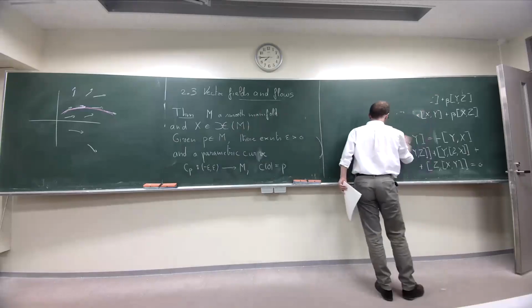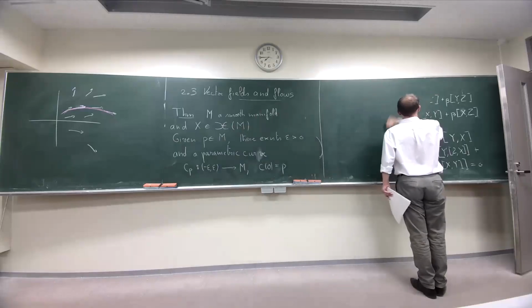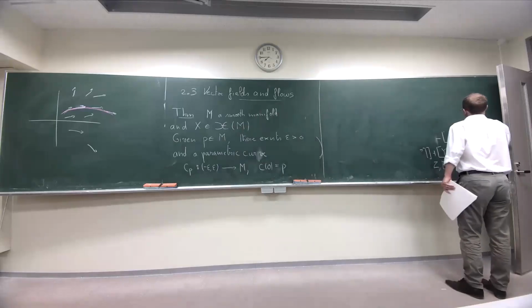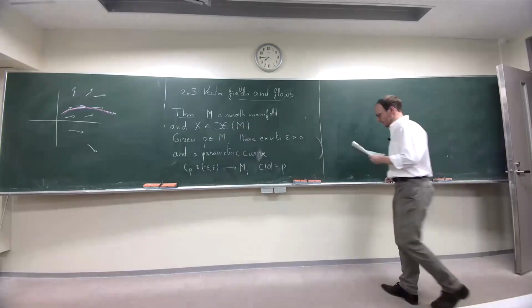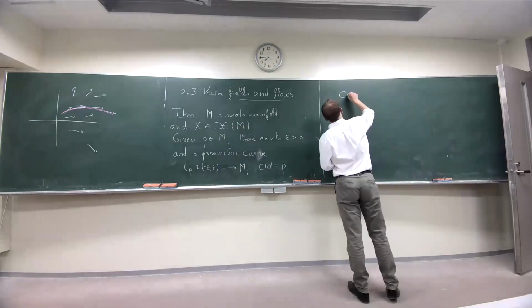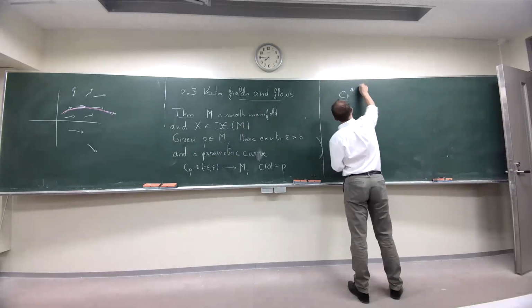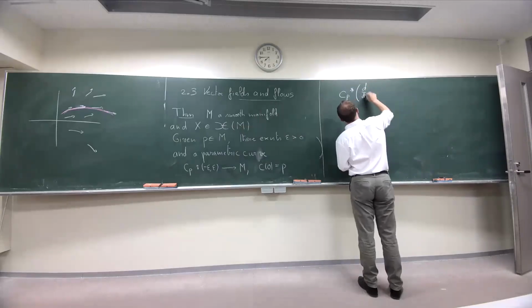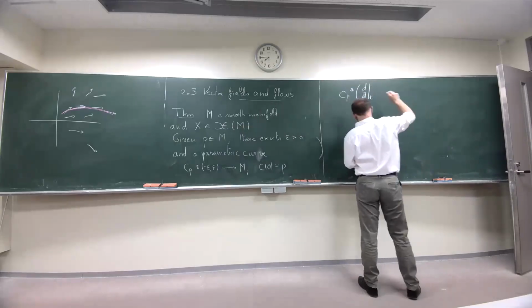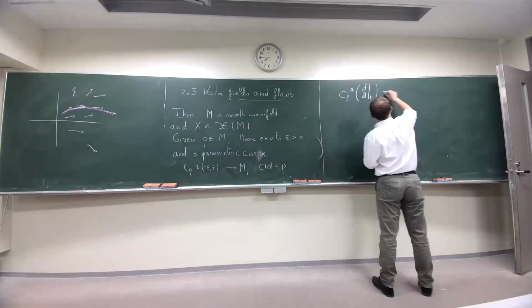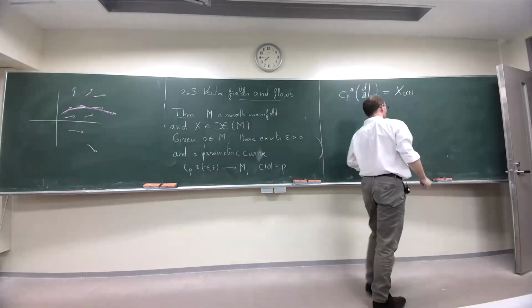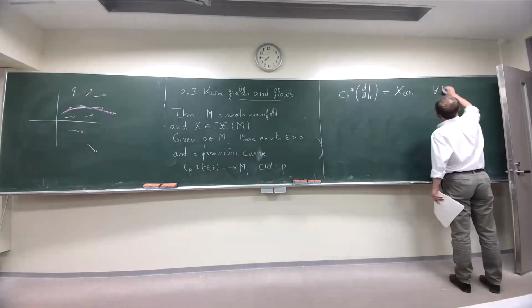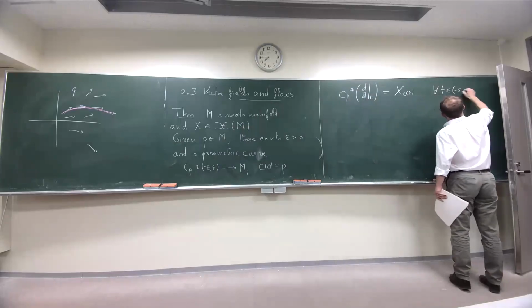The derivative of the curve is something that we want: c_p star of d over dt at t is equal to X at c_p(t), for any t.